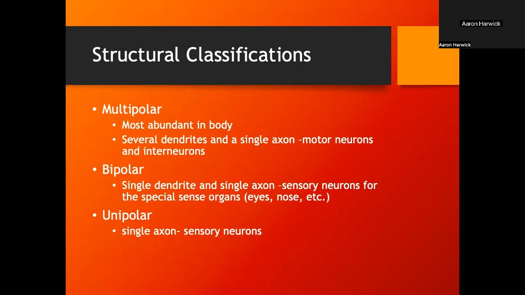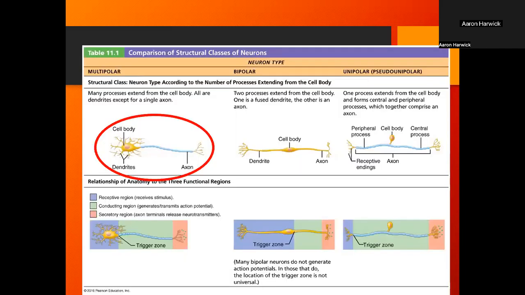The bipolar configuration is a single dendrite and single axon. You'll see these in the sensory neurons for special organs such as the eye or nose. And then unipolar has a single axon. Generally, the rest of the sensory neurons function in this way. So, of course, we're going to look at some pictures.